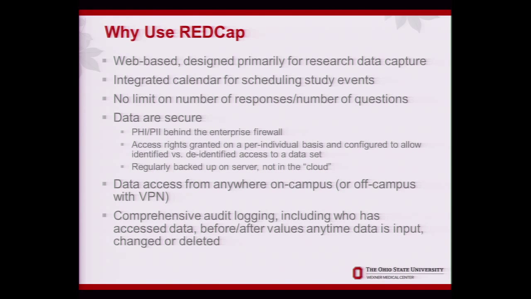Access rights within REDCap are defined at the project level, and within each project, there's a very atomic level of security that can be set so that your statistician has certain privileges which your CRA may not. The PI, of course, would have certain privileges which a data entry personnel might not. And of course, the data is regularly backed up using the same mechanisms that the data center uses to back up their information.